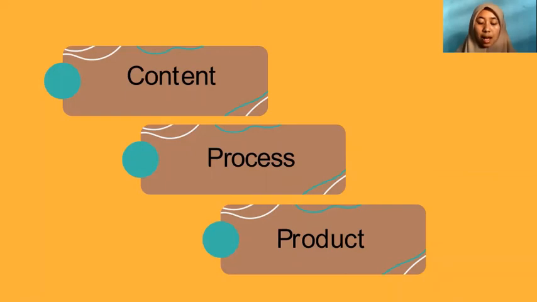Process is how the learner comes to make sense of, or understand and own, the key facts, concepts, generalizations, and skills of the subject. And the last one is product. Product is an item or items that a student can use to demonstrate what he or she has come to know, understand, and be able to do as a result of an extended period of study.